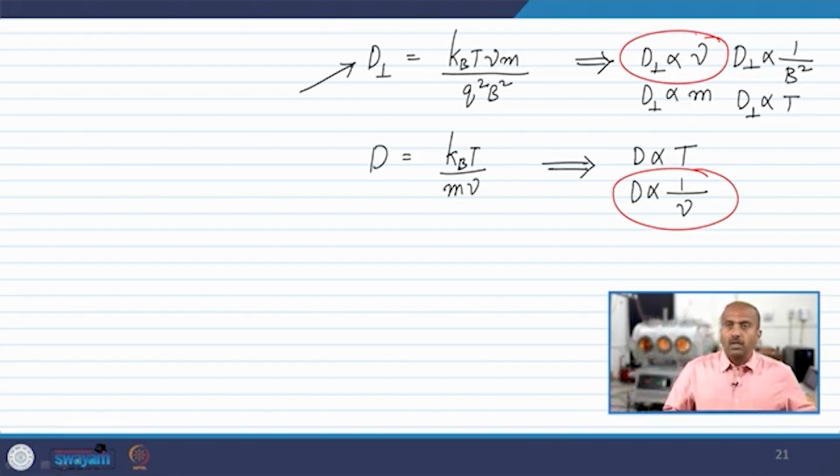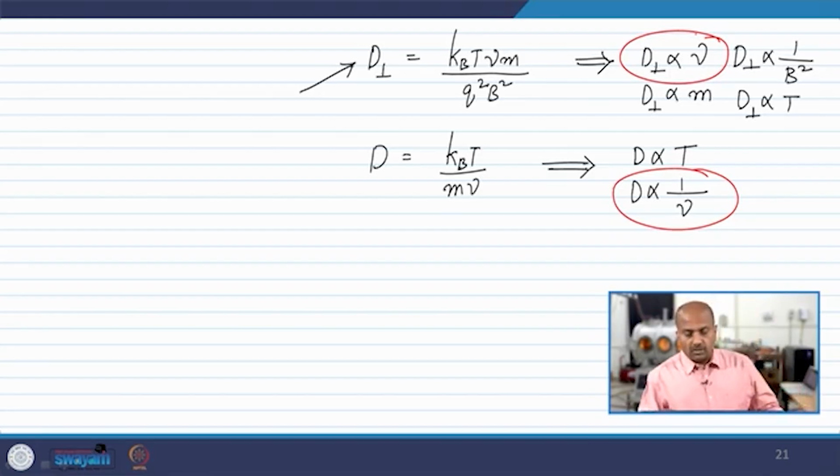So, the rate at which collisions happen, it is obvious for us to think that if there are more collisions, the diffusion is hindered, the diffusion is not very fast, right. So, that is what it is. In a regular situation, if there are more collisions, if the collisional frequency is larger, the diffusion will be slower. But you see the exact opposite in the case of perpendicular diffusion.